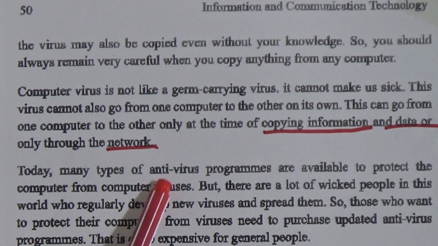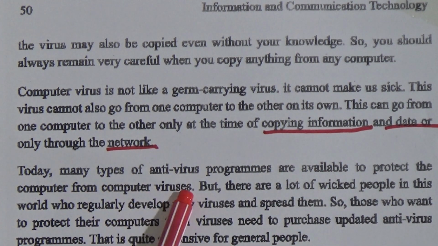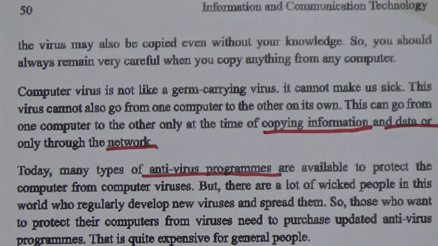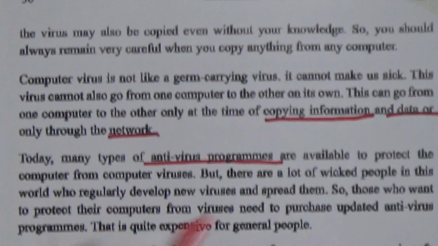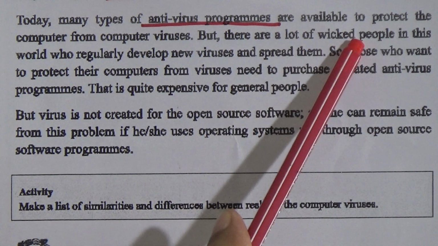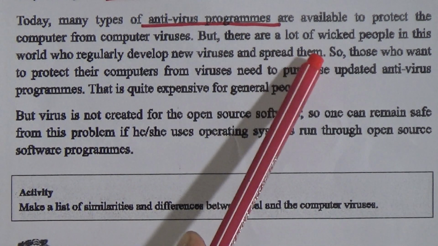Today, many types of antivirus programs are available to protect the computer from computer viruses. Antivirus is one kind of little program that can protect your computer from viruses. But there are a lot of wicked people in this world who regularly develop new viruses and spread them.